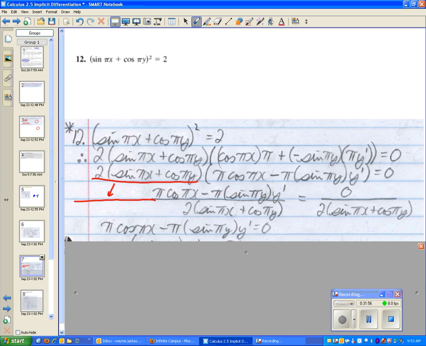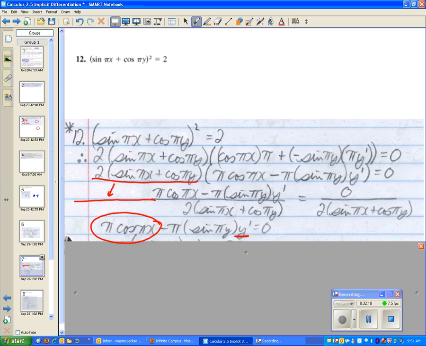All right. Let's keep working on getting y prime by itself. So what would we do next? I'm not ready to divide. I'm not ready to factor. Because listen, before I divide, before I factor, before I do anything, don't I need to get the term with the y prime by itself?